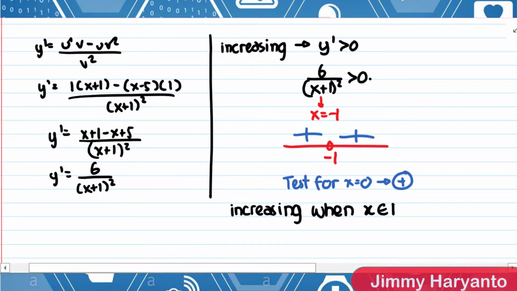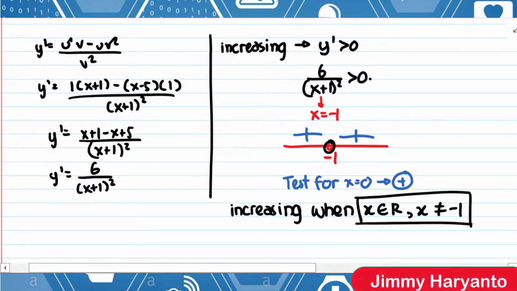All real numbers can be x, but x cannot be -1, because -1 is not included in the number line, so we have to exclude x equals -1. So this is the answer for increasing. And for the decreasing, we don't have the negative area.